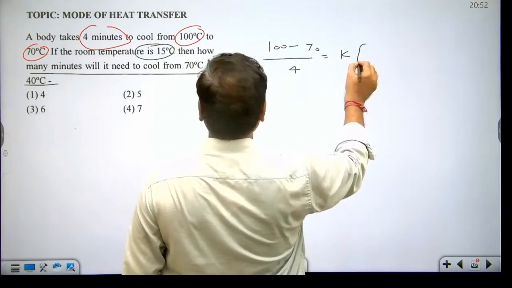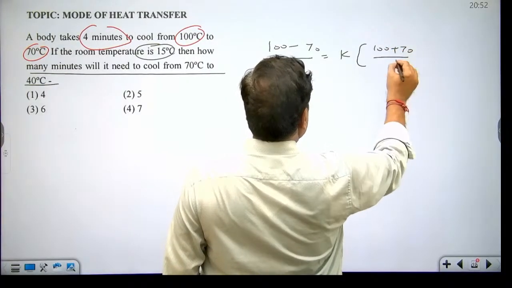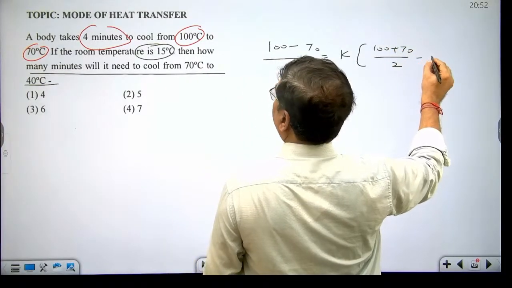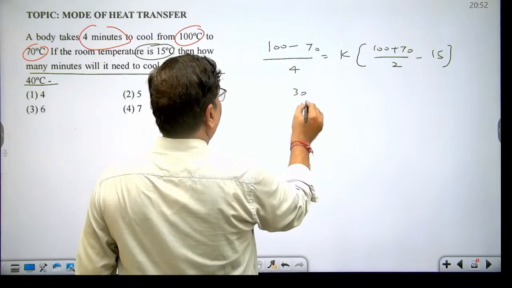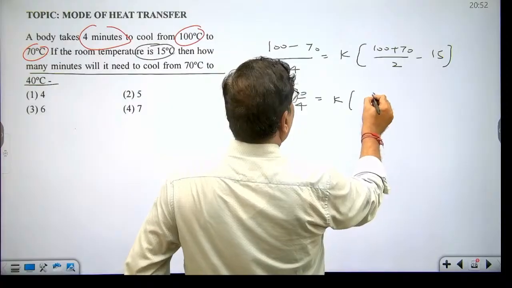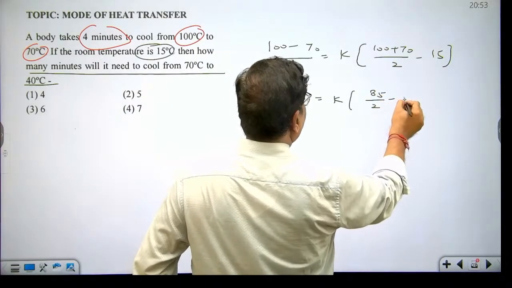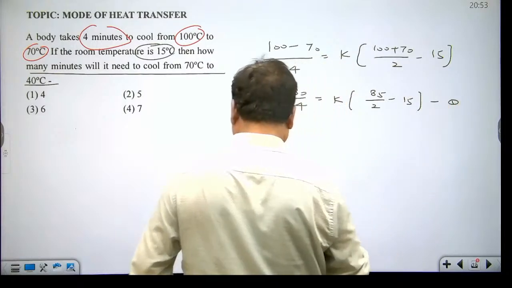This is K constant: 100 plus 70 upon 2, the average temperature, minus the surrounding temperature. So 30 upon 4 equal to K times 85 upon 2 minus 15. Now this is equation 1.